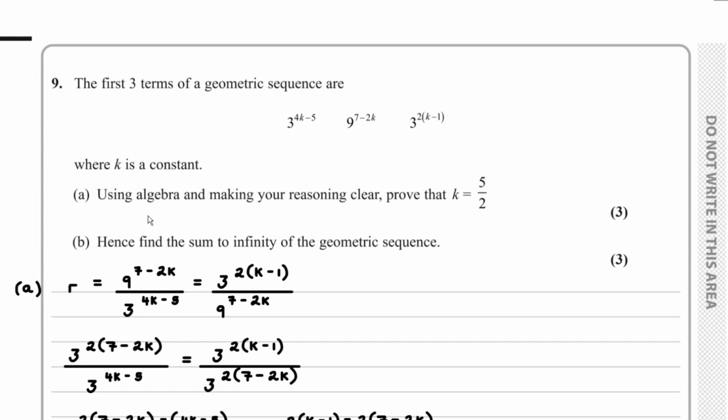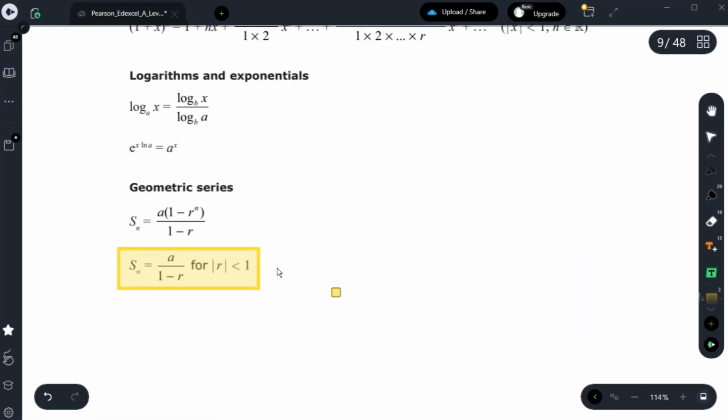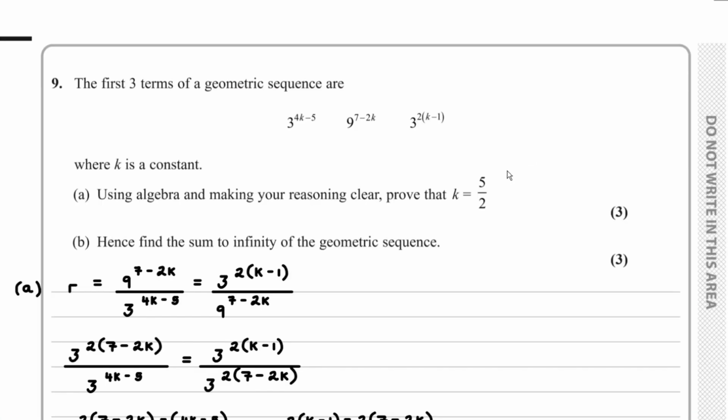Part B, hence find the sum to infinity of the geometric sequence. For a geometric series, the sum to infinity is given by a over 1 subtract r, where the mod of r is less than 1. So we need the first term, and we also need r. Now the first term is given by 3 to the power of 4k subtract 5, and we know what k is, that's 2.5.